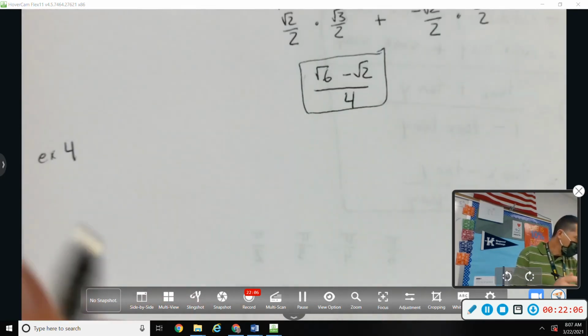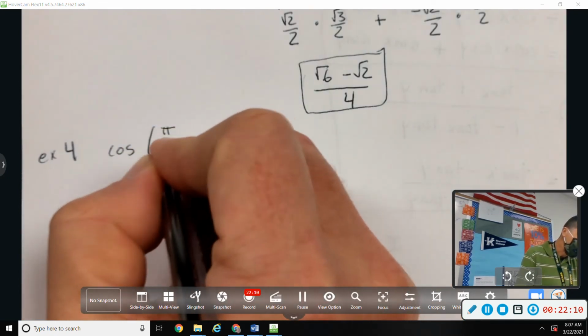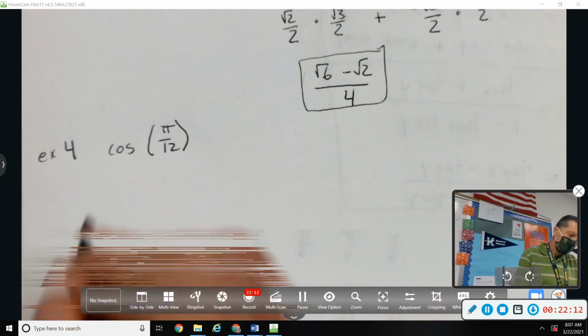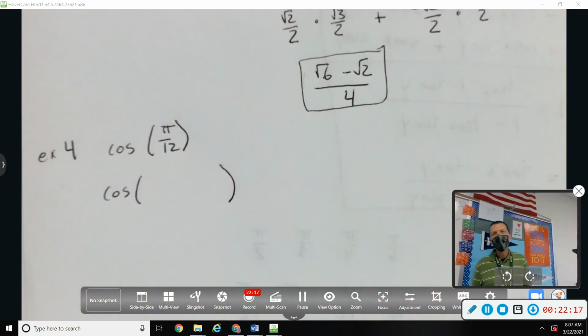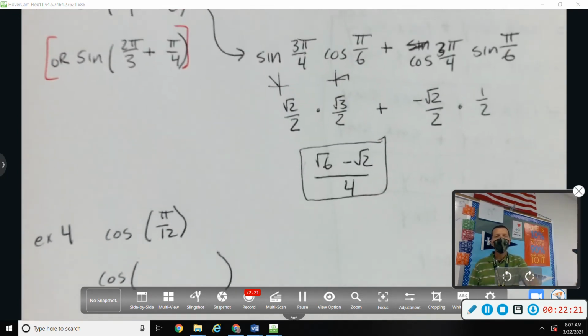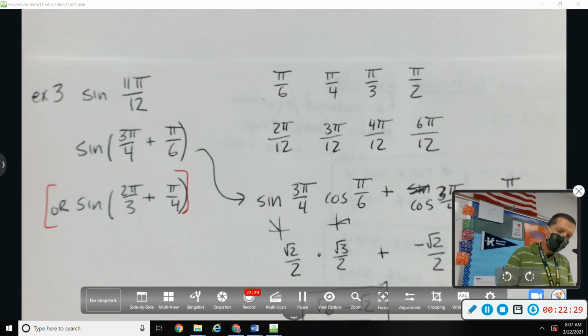Right? In the interest of time, let's not work this one completely. Let's just figure out how we could get pi over 12 from unit circle things. So look at your equivalent fractions up here.